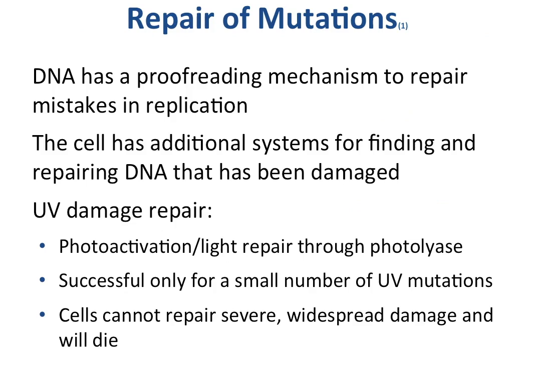So the repairs of the mutation. The DNA has its capacity to repair the mutation. For example, the polymerase 3 can correct the mistakes during the replication. This is the capacity that cells have to prevent the mutation.